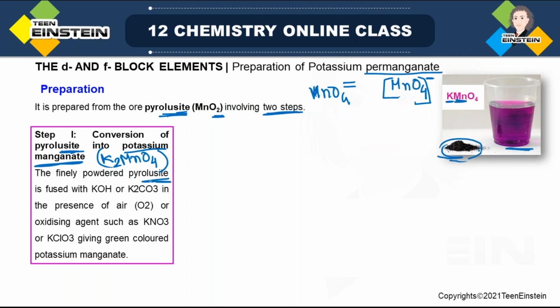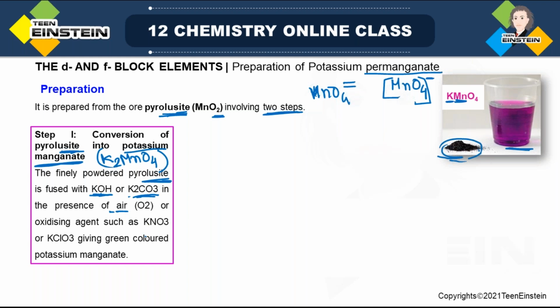Finely powdered pyrolusite we will take, and we will fuse it with either potassium hydroxide or potassium carbonate. You can take any of these, either KOH or K2CO3, in presence of air. Air is the source of oxygen. Basically, we need some oxidizing agent, and air will play the role of that oxidizing agent.